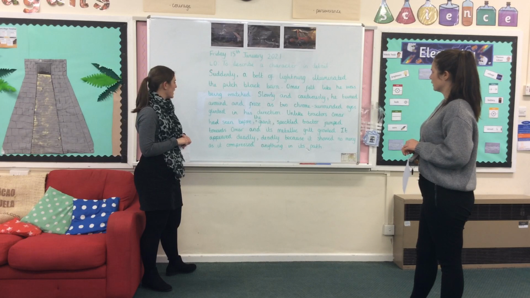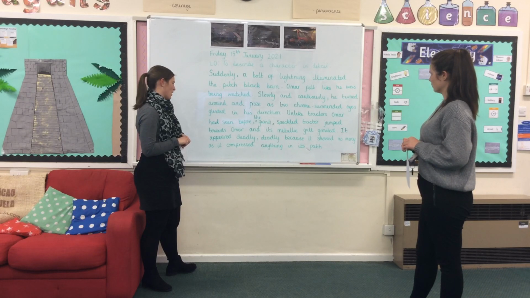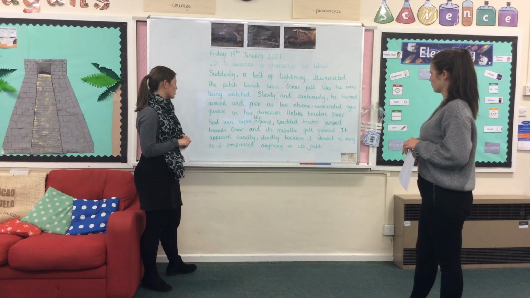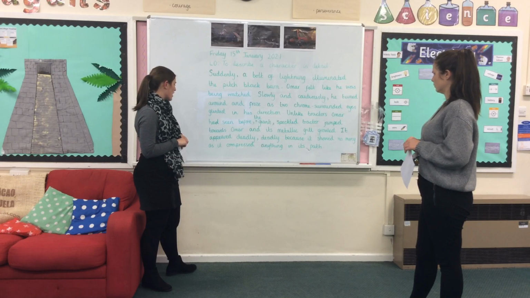Slowly and cautiously, he turned around and froze as two chrome-surrounded eyes glinted in his direction. Unlike tractors Omar had seen before, the giant speckled tractor jumped towards Omar and its metallic grille growled. It appeared deadly because it showed no mercy as it compressed anything in its path. I really like it.